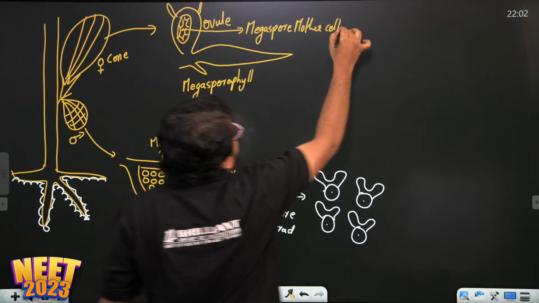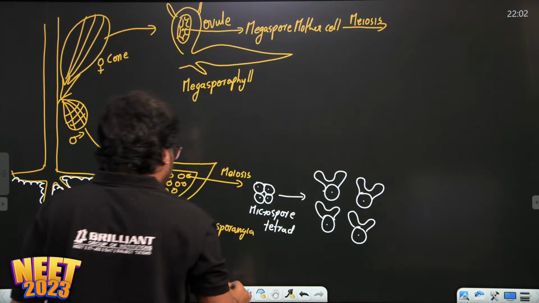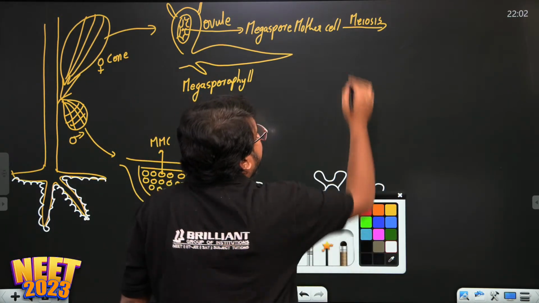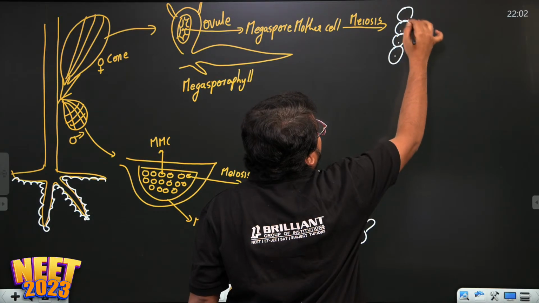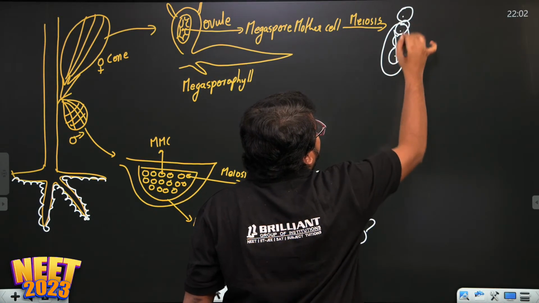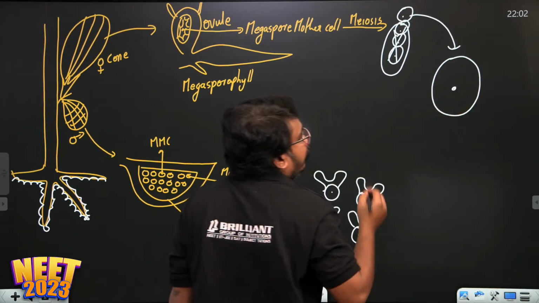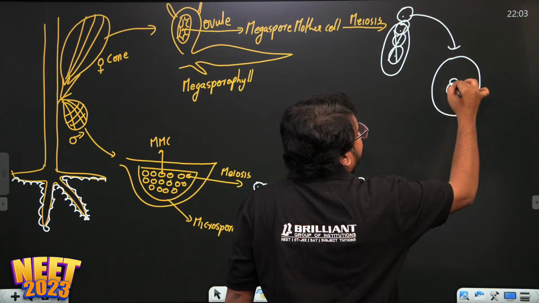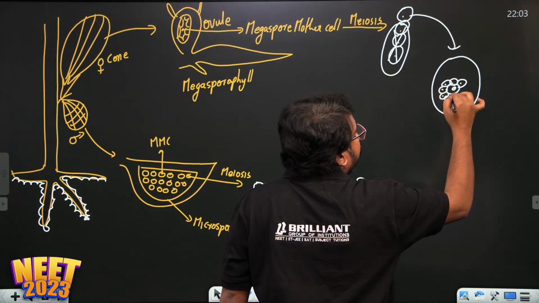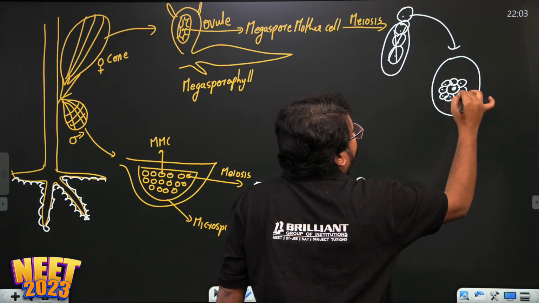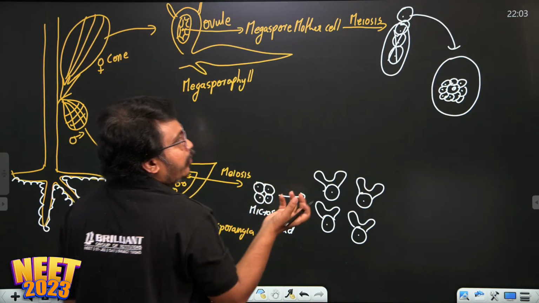This megaspore mother cell undergoes meiosis. After meiosis, they give rise to 4 megaspores. Of these 4 megaspores, 3 will degenerate. One will become functional. When that becomes functional, it repeatedly divides to form a structure like this. All these happen inside the ovule, which is exposed inside the female cone.